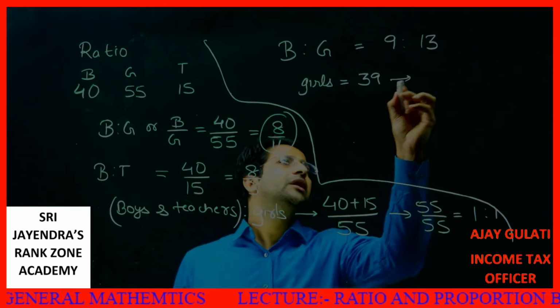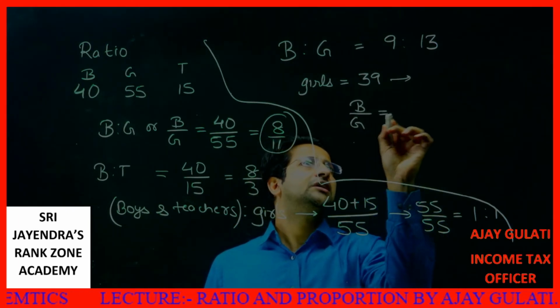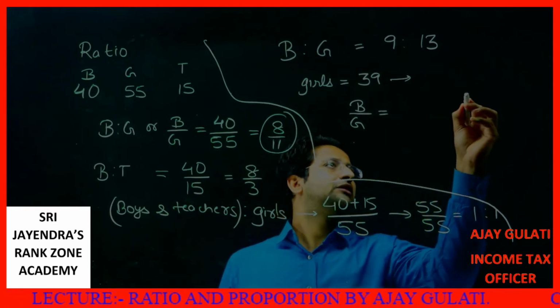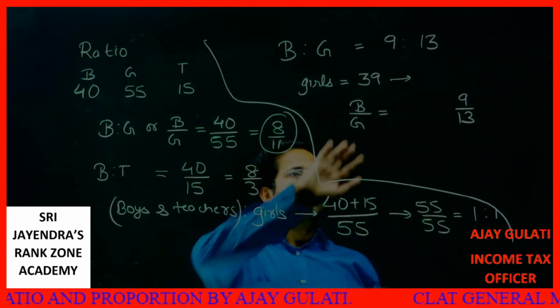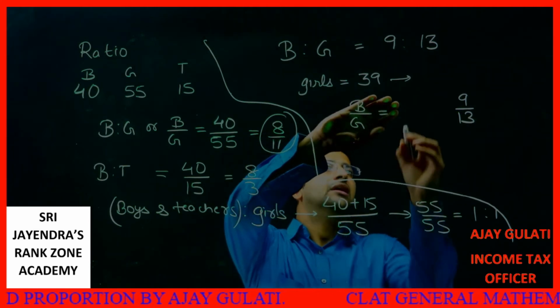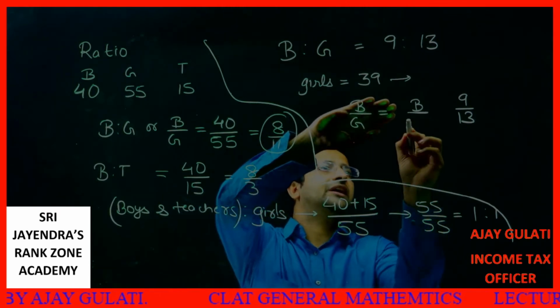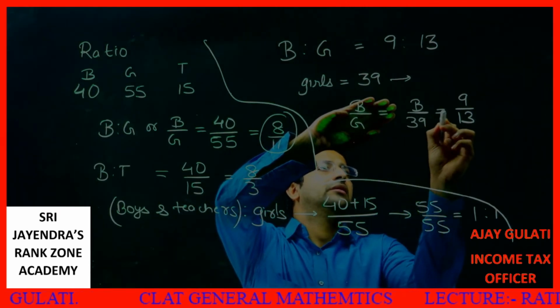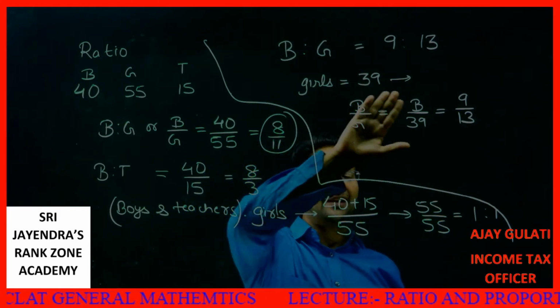We are given boys is to girls is equal to 9 is to 13. This is given to me. For a moment I am hiding this thing. I am saying boys is to, how many girls are there? 39, is equal to 9 by 13.